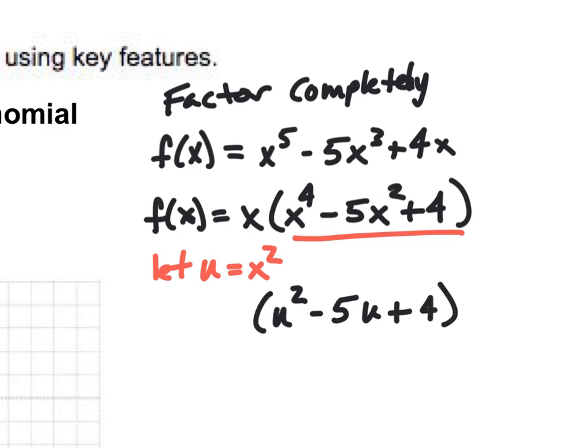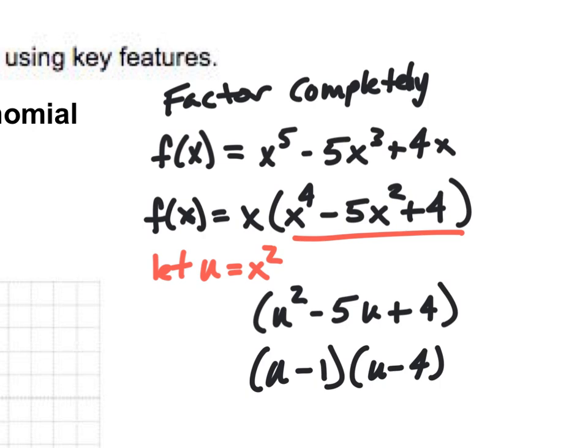And what I notice when I let u equal x squared, and this is usually the case when you have x to the 4th minus something x, plus or minus something at the x squared, is it looks like a trinomial that you can factor. So the question is, two numbers that multiply to 4 but add to 5, and that is going to be u minus 1 times u minus 4, okay?